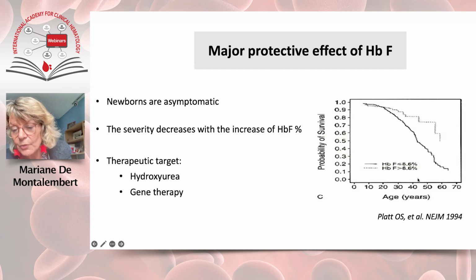And this is an old story because it was published 30 years ago, but patients with a higher level of HbF have a higher probability of survival. And now we understand perfectly why one of our targets is to increase fetal hemoglobin, which is done either using hydroxyurea or gene therapy.